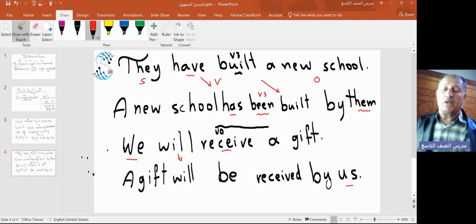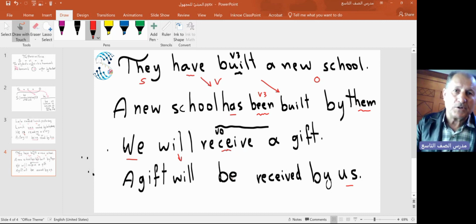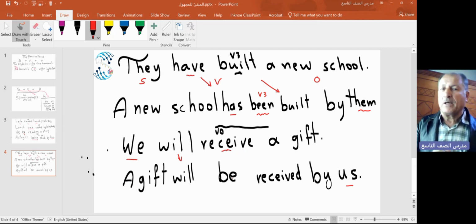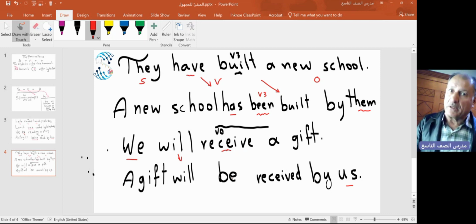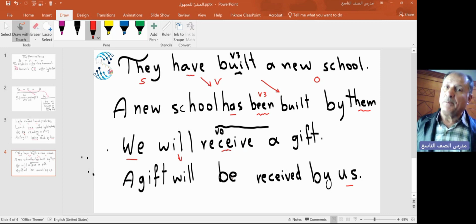So we change the subject of the active voice with the object, and it becomes the subject. And the subject of the sentence becomes an object. We change the verb into verb 3 and replace it with be in the same form of the main verb, whether it's verb 0, verb 1, verb 2, verb 3, or verb ing.